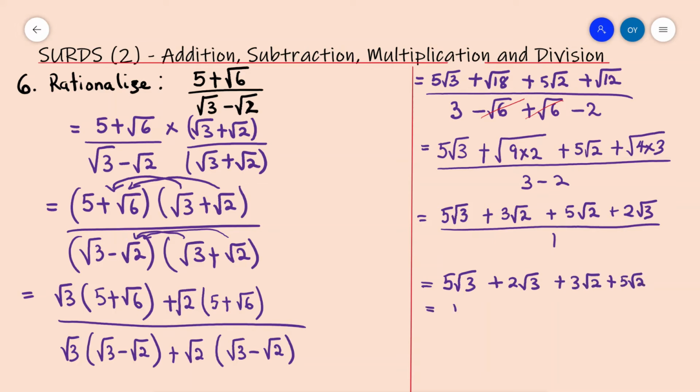This can be written as 5 plus 2 root 3 plus 3 plus 5 root 2, and 5 plus 2 is 7, so this is 7 root 3 plus 8 root 2, and that would be our final answer, 7 root 3 plus 8 root 2.